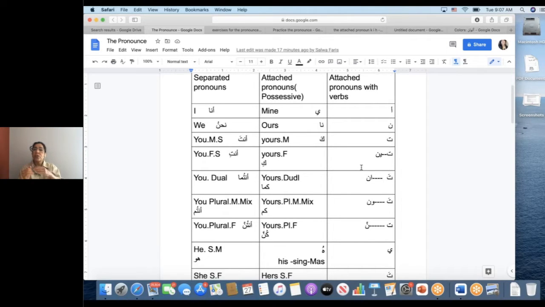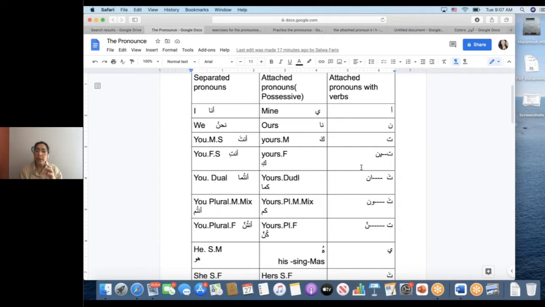And if you want to create the future, you cannot look at the verb in the past tense. You must go to the present tense and add one letter, and then here you have the future. This is how it works in the Arabic language.